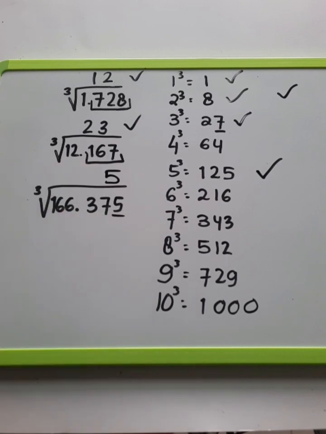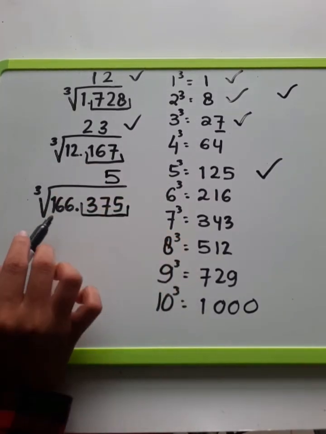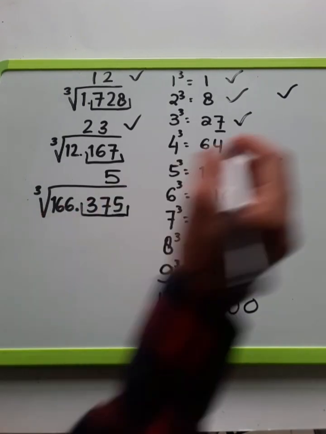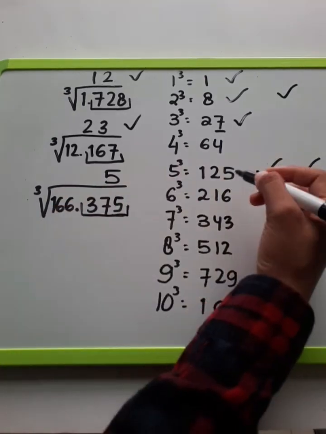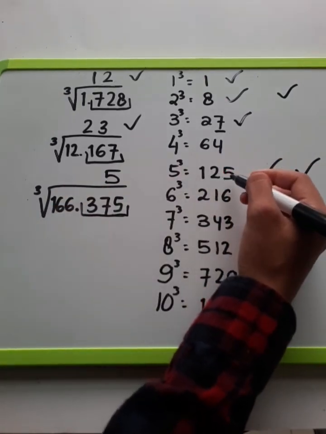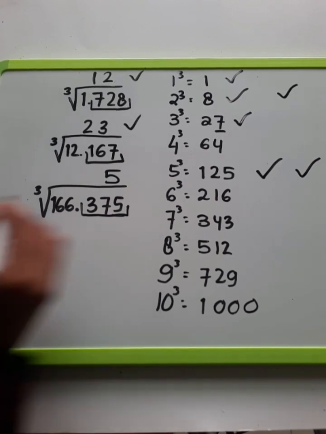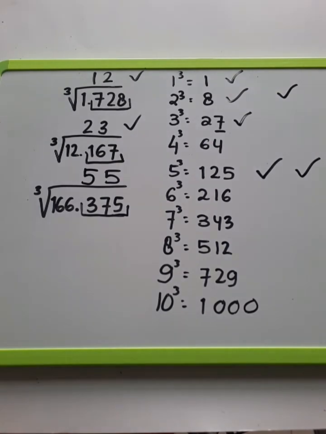So you write 5 as the unit digit. Take 3 numbers from behind and then you focus on 166. Which perfect cube is near 166? It's 5 too, because 5 cubed is 125, which is near 166. So the result will be 55.